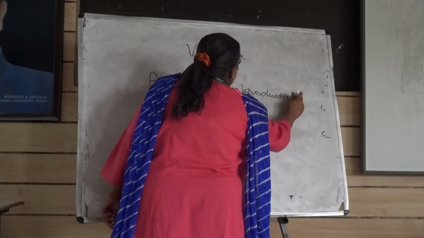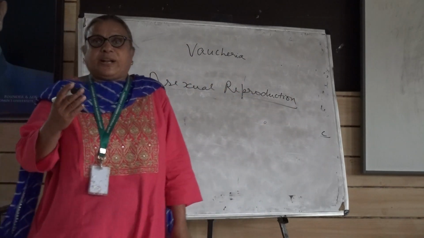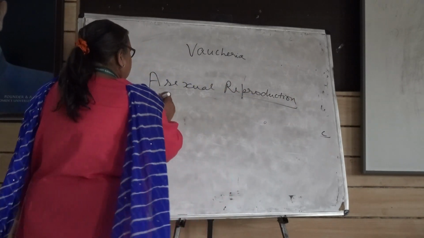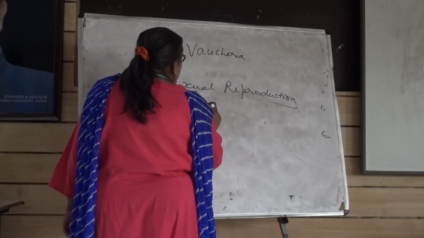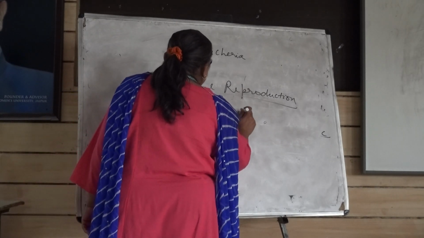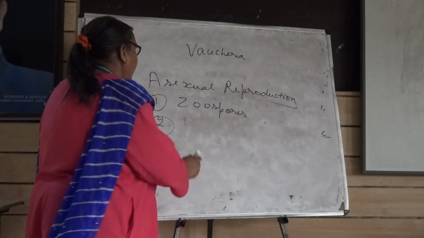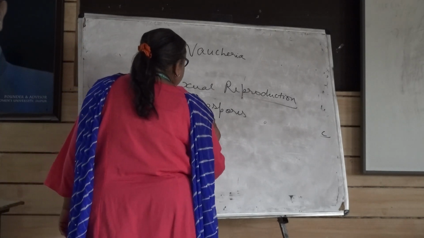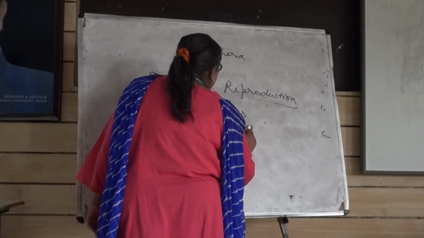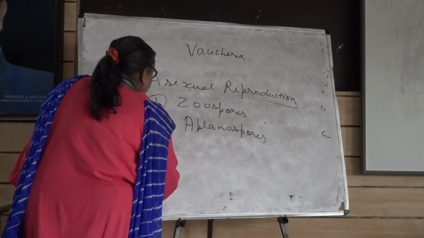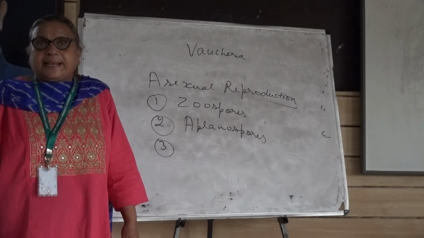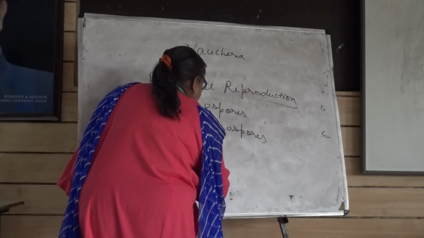How does it take place? It takes place by means of zoospores, it also occurs by means of planospores, and third, it takes place by means of akinetes.